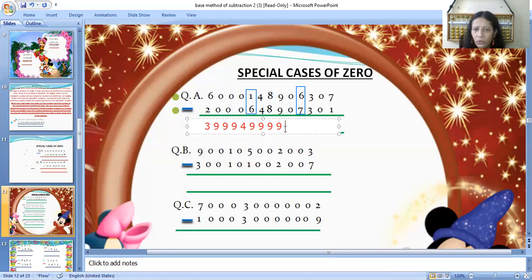If you ignore this question, you will never be able to do any question in Vedic maths through subtraction. Try to understand the importance of this question. This question is the maximum important question.